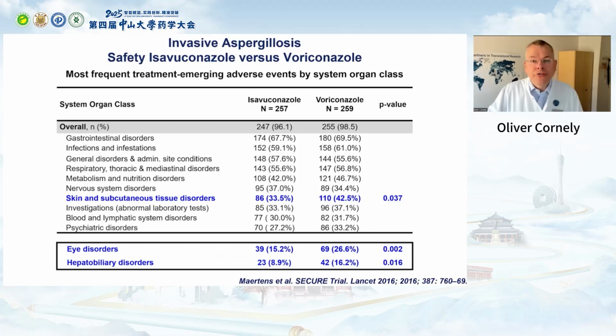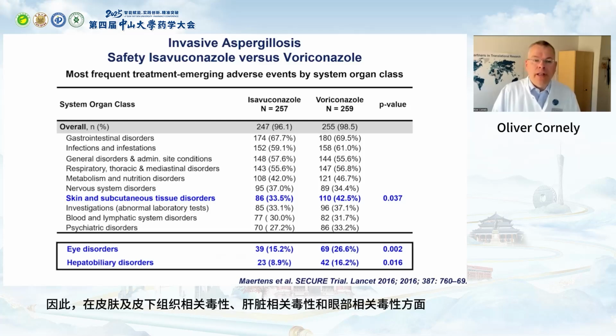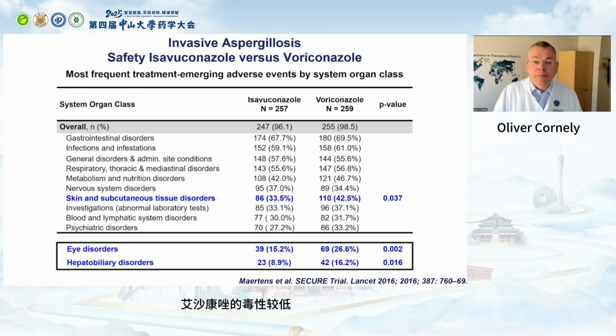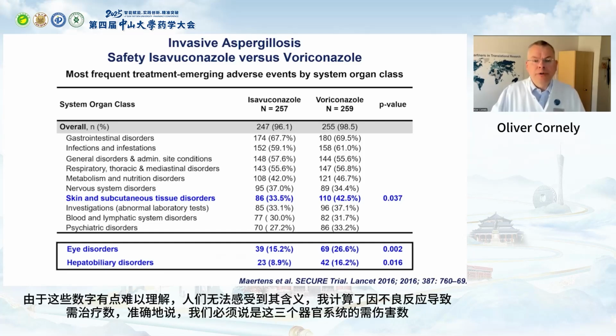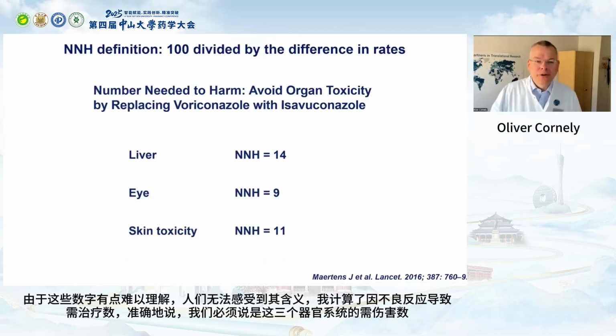There were differences for some organ systems in terms of adverse events, so toxicity was less with isavuconazole in skin and subcutaneous disorders, hepatic and eye disorders. And since these numbers are a bit difficult to comprehend, so one doesn't feel what it means, I calculated the numbers needed to treat.